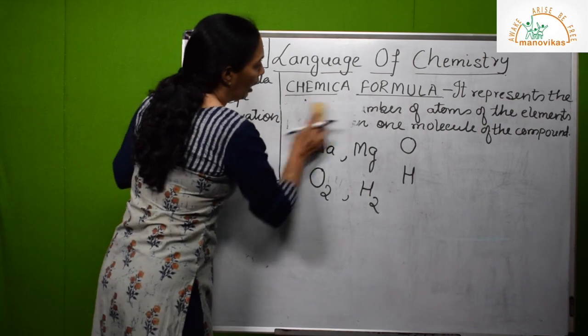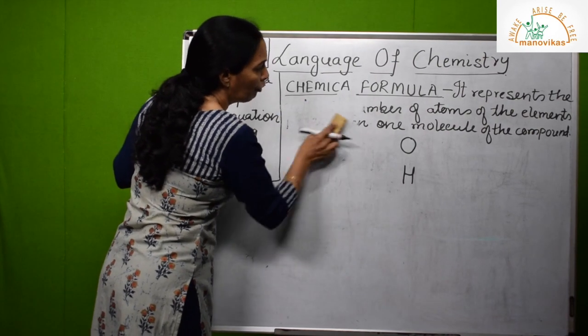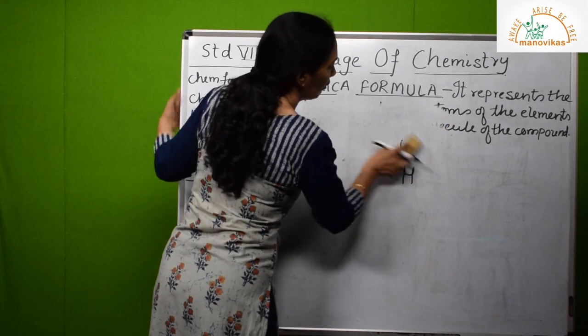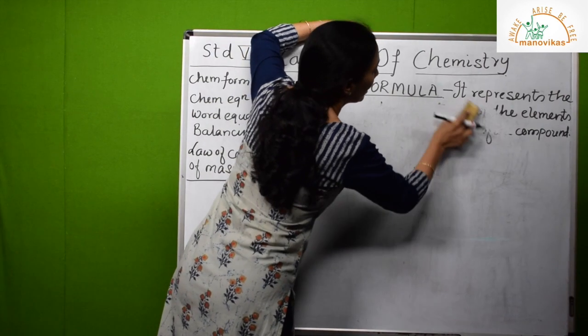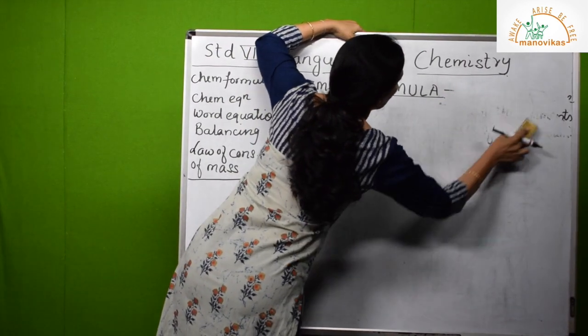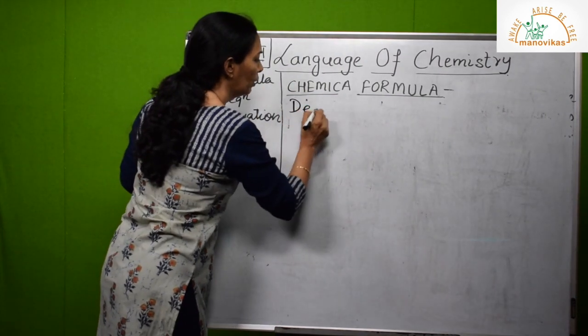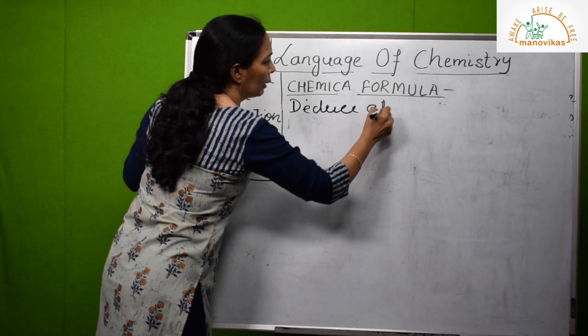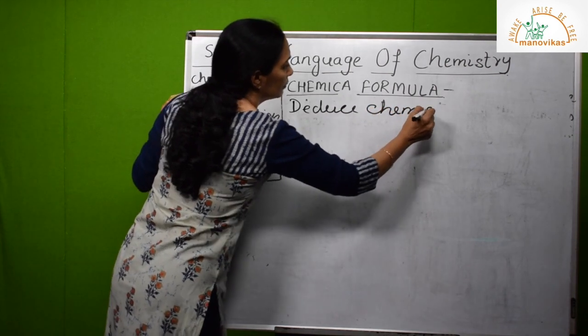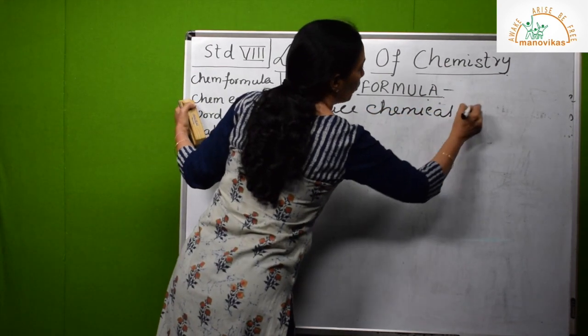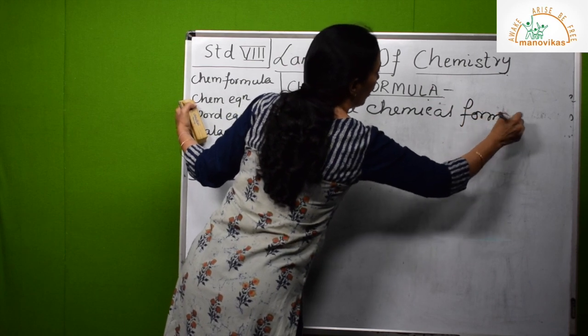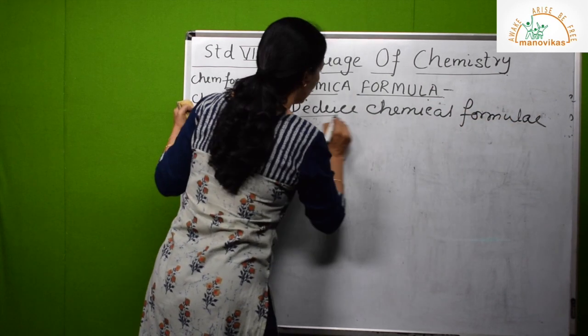Now, how to derive a chemical formula? Deriving a chemical formula is also called deducing chemical formulae. How to derive a chemical formula?